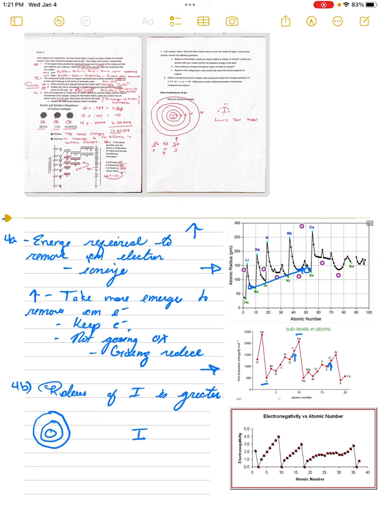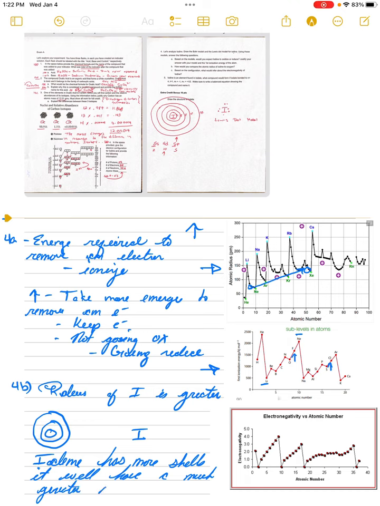Because iodine has more shells, it will have a much greater distance from the nucleus to the edge of the valence shell. That's all you had to tell me to get full credit.